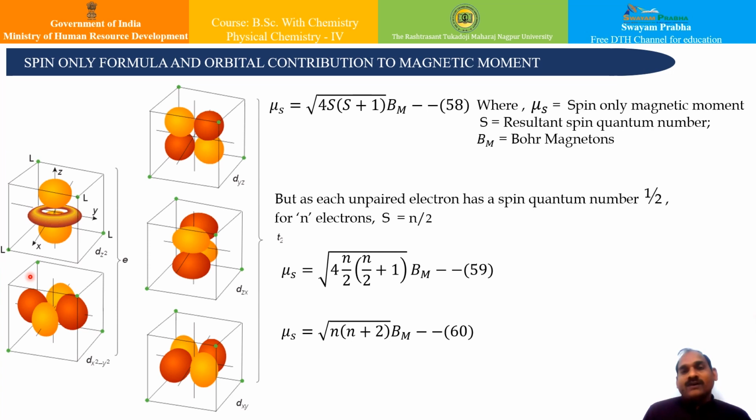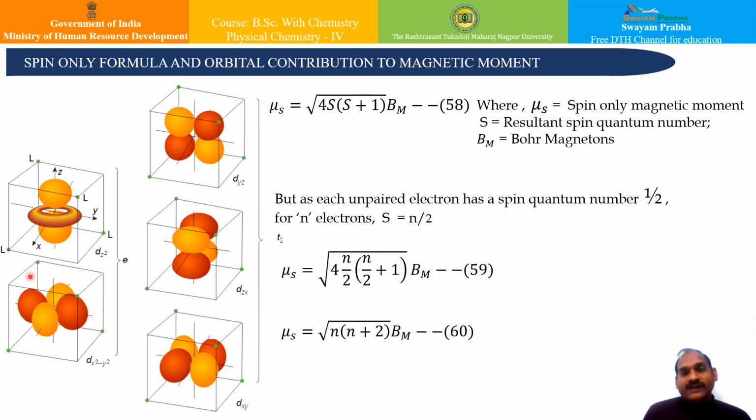Why is it so? Because the orbital shapes are different from each other, and therefore they cannot be interconverted. Therefore an electron in the Eg set does not contribute to the orbital angular momentum, isn't it? And it is said that it is quenched in this fashion for the Eg subset.